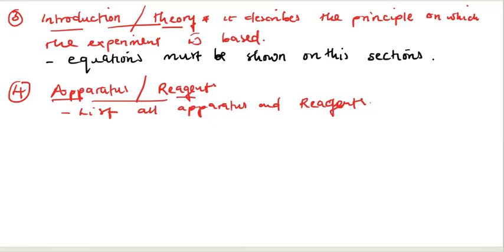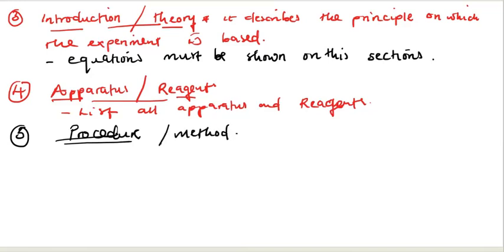and then after that you can proceed to what we are calling the procedure. So the fifth part is the procedure. In some books they call this the method or the procedure. So now this procedure outlines how the experiment was performed.